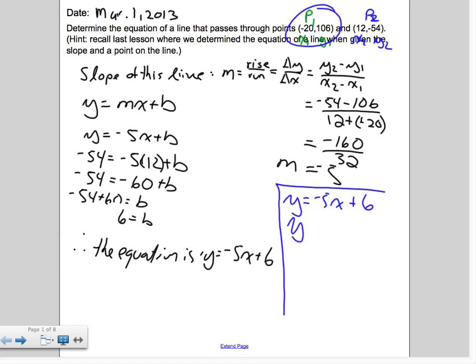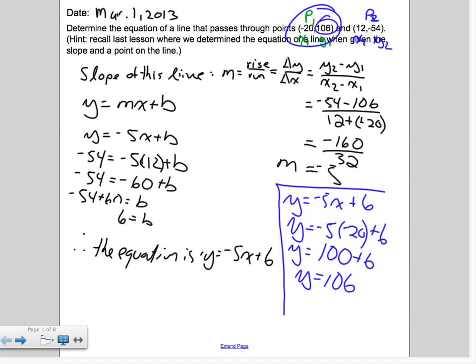Right? So let's figure out what y is. Negative 5 times negative 20 gives me positive 100 plus 6. y is equal to 106. In other words, when x is negative 20, y is 106.